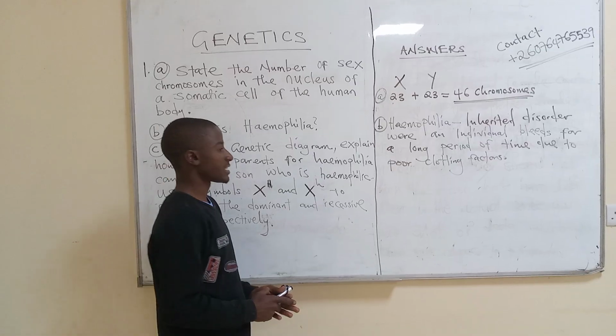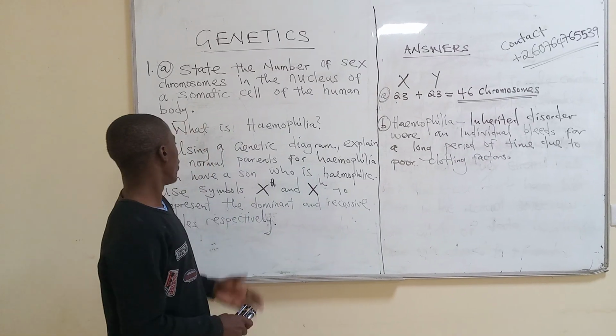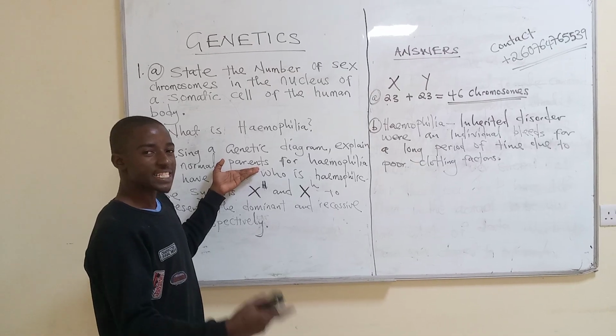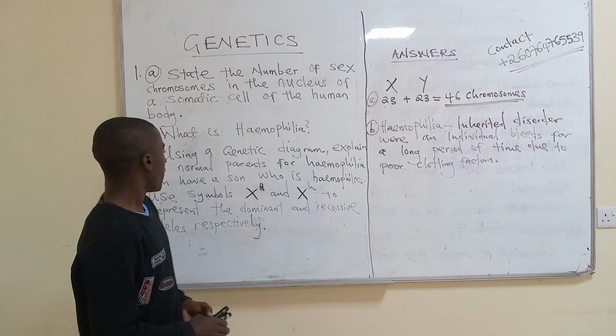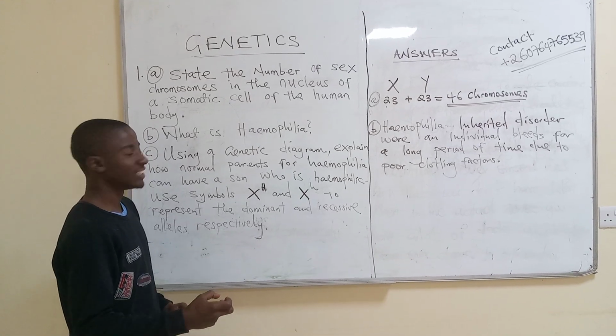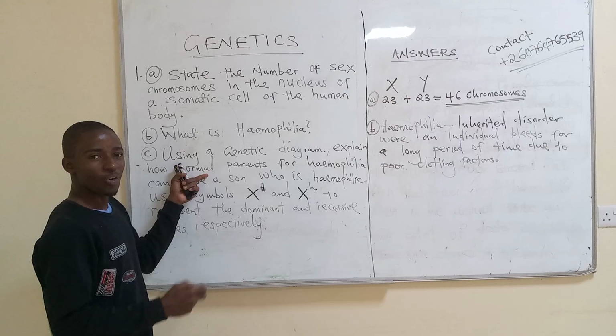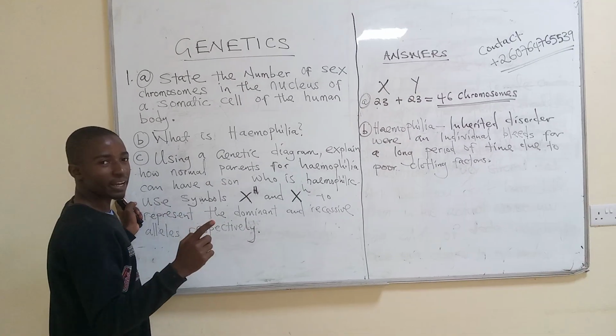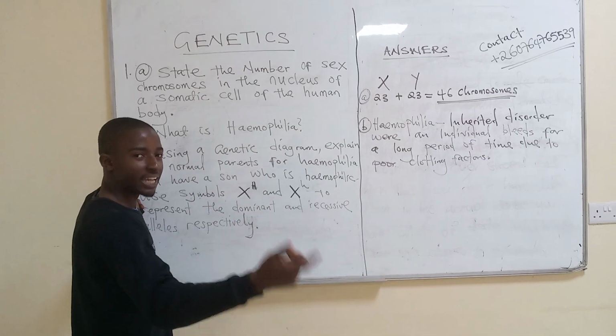What you should understand is that it is impossible for two normal parents to bear a hemophilic son. But it is possible where one parent is normal but is the carrier.